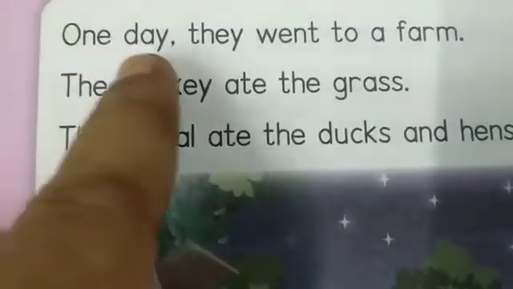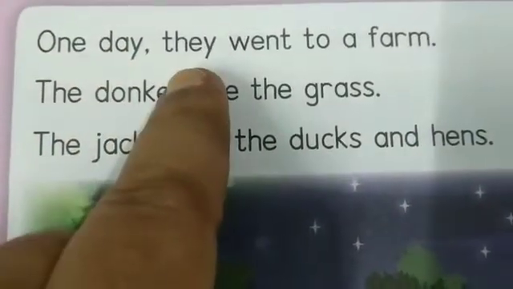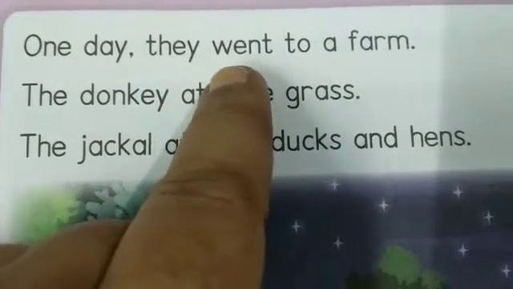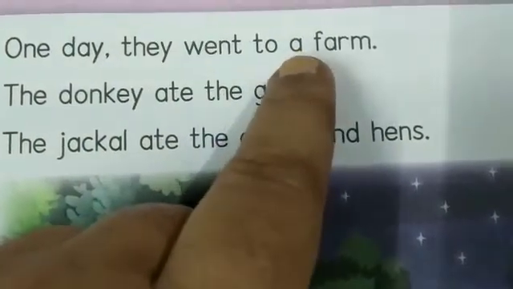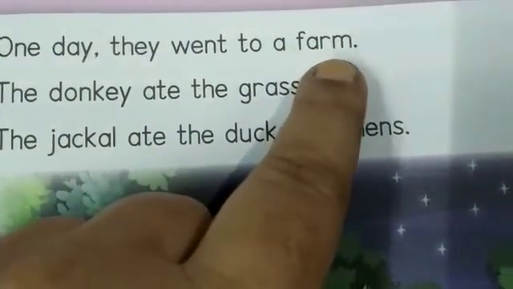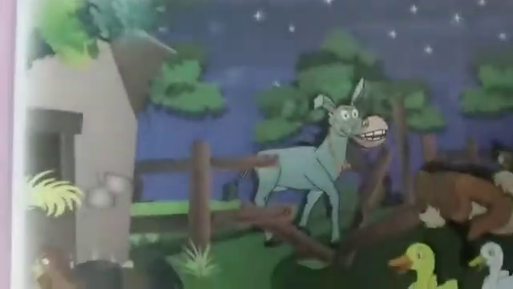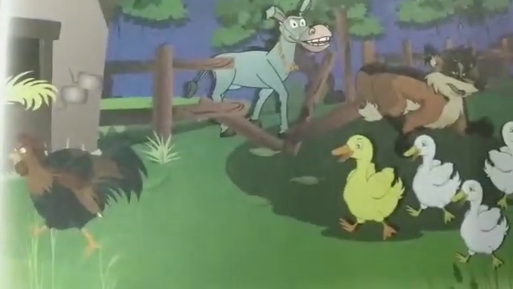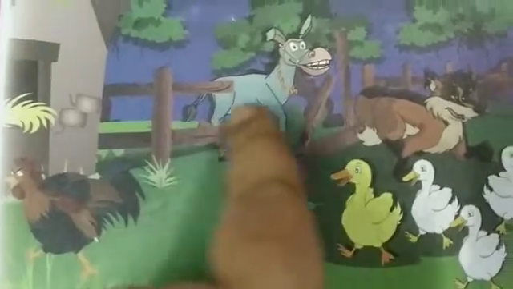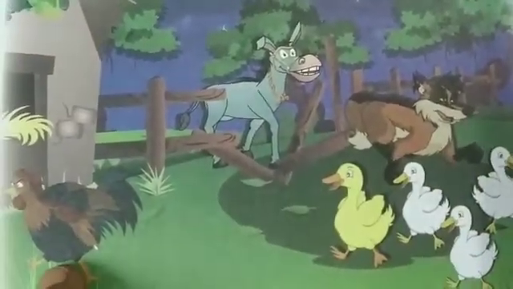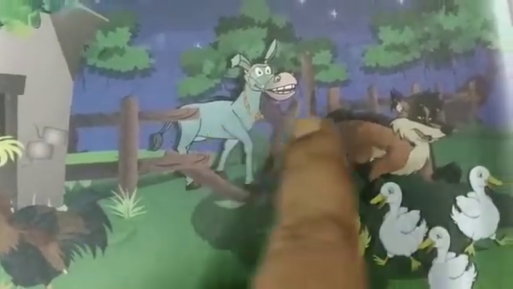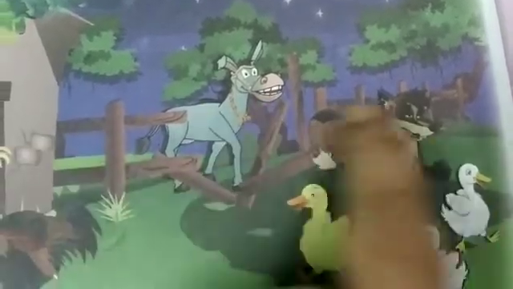One day, they went to a farm. Children, can you see here? Farm. Yes. What is this called? Farm. Who went to the farm? Donkey and jackal. They went to a farm.